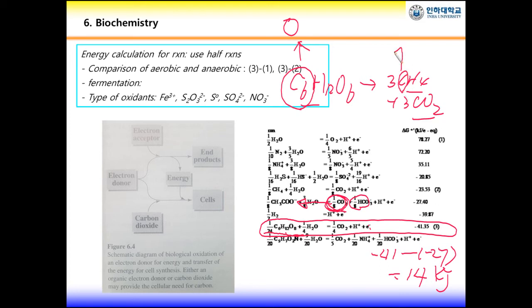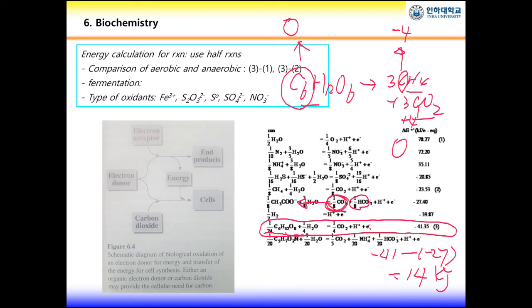The oxidation number of this carbon is minus 4, and this one is plus 4. So if you add up the oxidation numbers of these two compounds, it is 0. So 0 to 0. This is an oxidation reduction reaction, but there is no external electron acceptor. So the electron is redistributed in the compound.